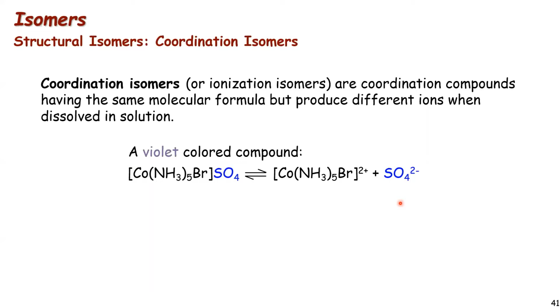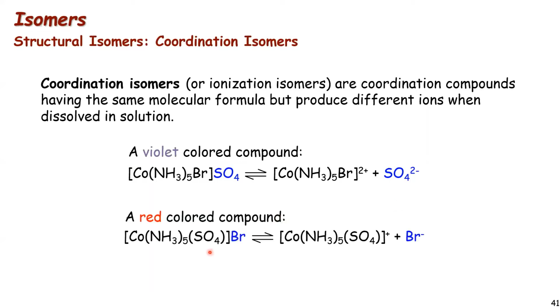Now, the coordination isomer, or the ionization isomer, is when the ligand and the counter ion switch places. So now the sulfate is making a coordinate covalent bond with the cobalt through one of the single bound oxygens, and now the bromine is the counter ion. Again, when you would throw these into water, they would dissociate into the complex ion and the bromide ion.